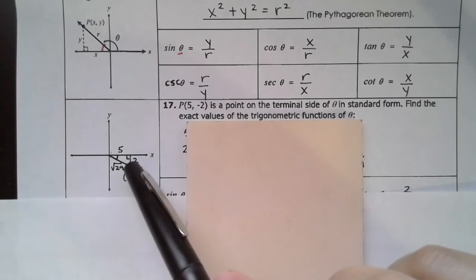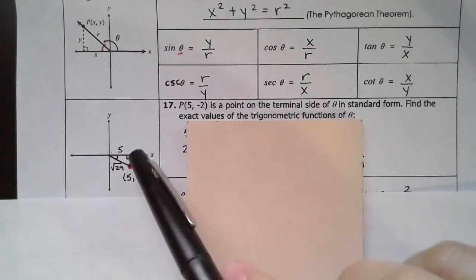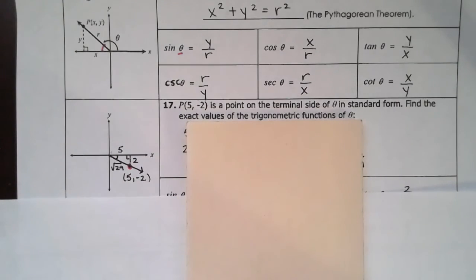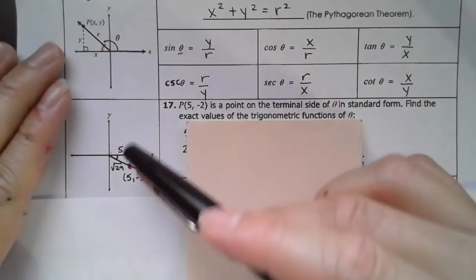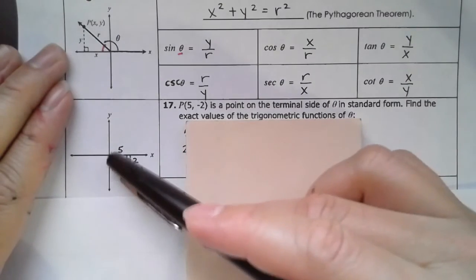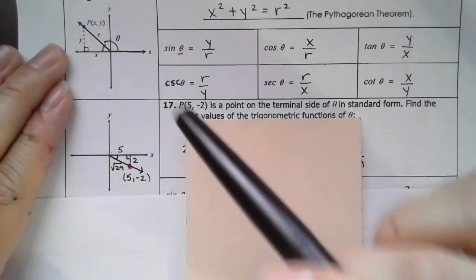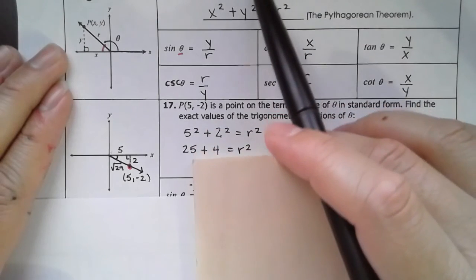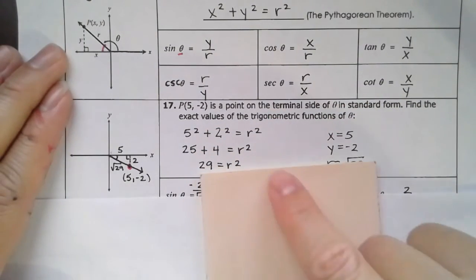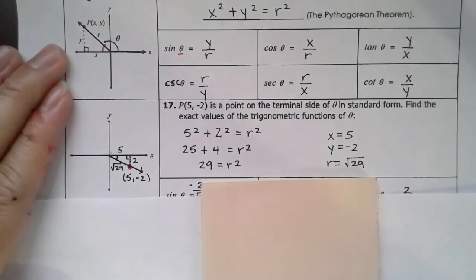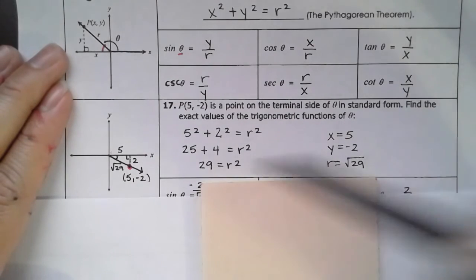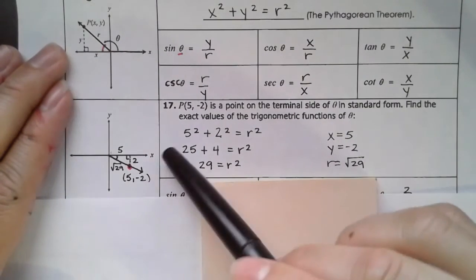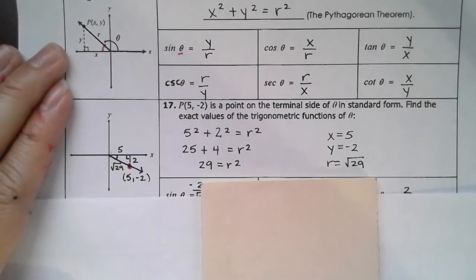For the sake of P, it's negative 2, but the side of this right triangle is just 2. So I use the Pythagorean theorem given the two legs of this right triangle to find the hypotenuse, and when I do that, I get r squared is equal to 29, so therefore r is the square root of 29, and that's why I have square root of 29 here.